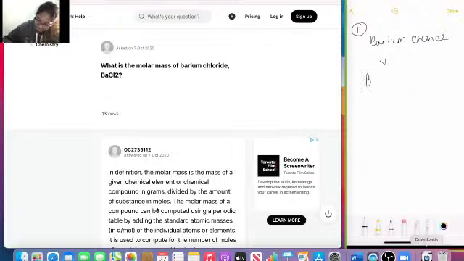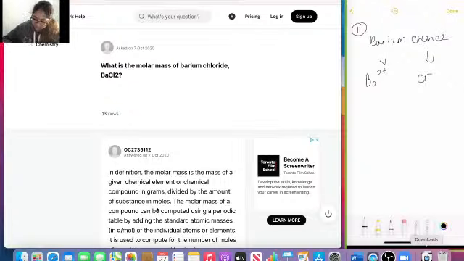it's Ba, and it has a charge of 2 plus basically. Whereas chlorine, you write it as Cl, and it has a charge of -1.